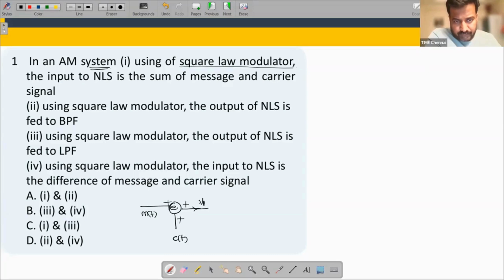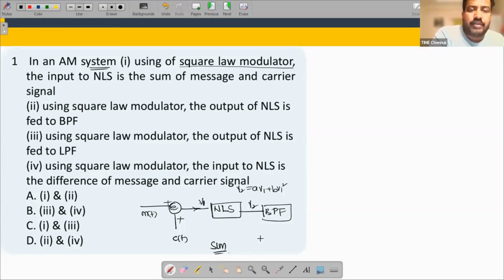Input sum of these two, let it be V1, given to a nonlinear system, it gives you V2, where V2 is A V1 plus B V1 square. It is passed through a band pass filter. This is a square law modulator.